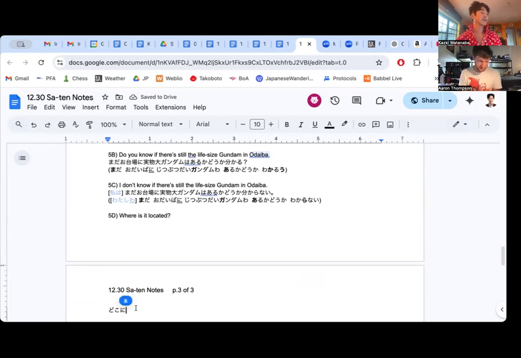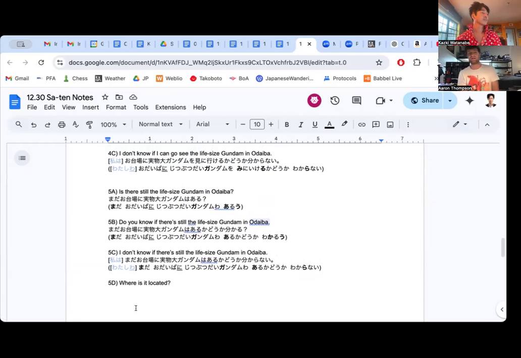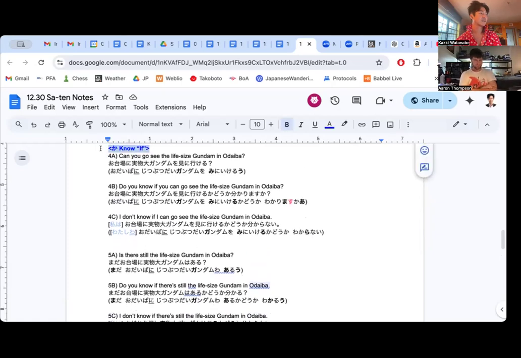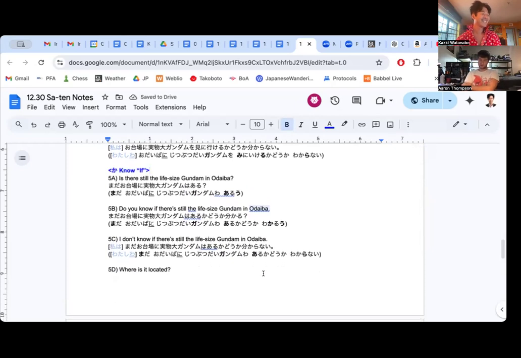なるほど。Okay. How about this? Is there still the life-size Gundam in Odaiba? まだお台場に実物, let's try your ba. I don't know, maybe it's because I'm sick. No, I don't think so. I'm really trying to improve your pronunciation because in general you were already good in the beginning.